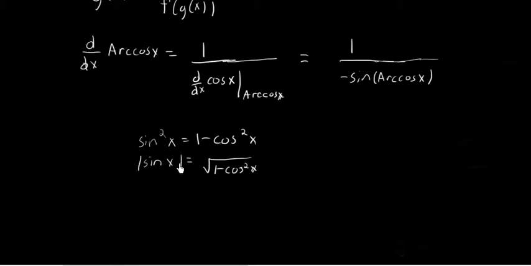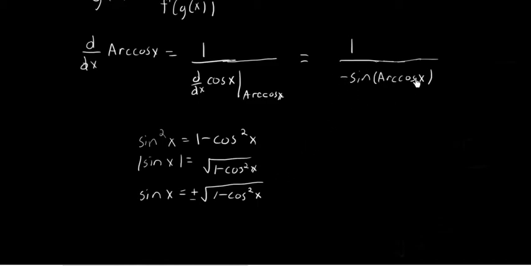We have the absolute value around sine of x because the sine function can either be negative or positive depending upon the value of x. So taking that into account and solving for sine of x, we get sine of x is plus or minus the square root of 1 minus cosine squared of x.